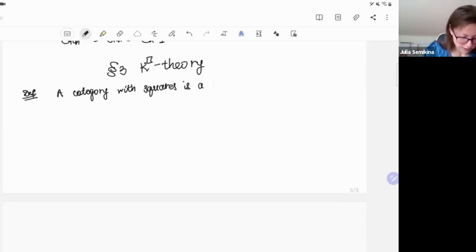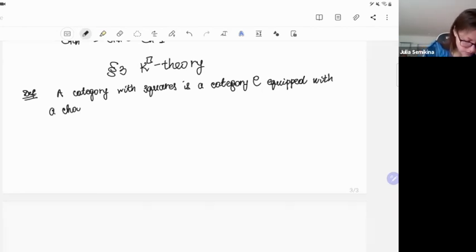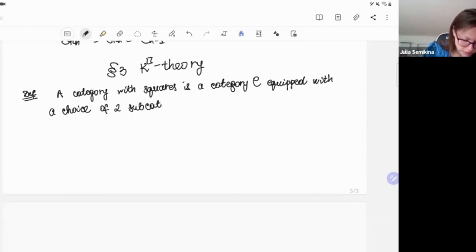So it is a category, C, equipped with a choice of two families of morphisms. So it was a choice of two subcategories of morphisms.